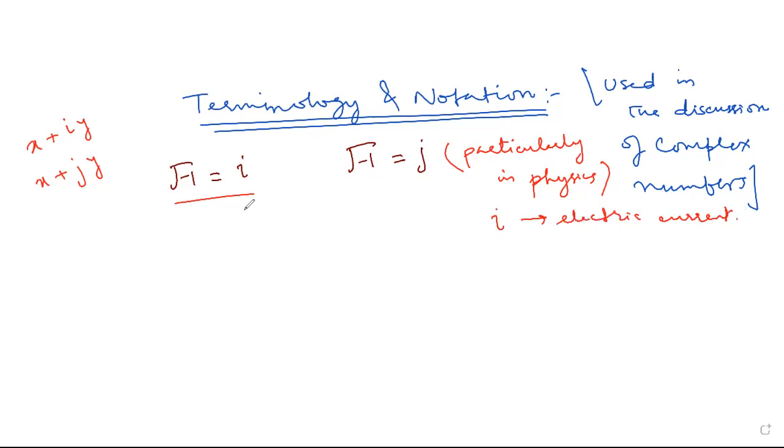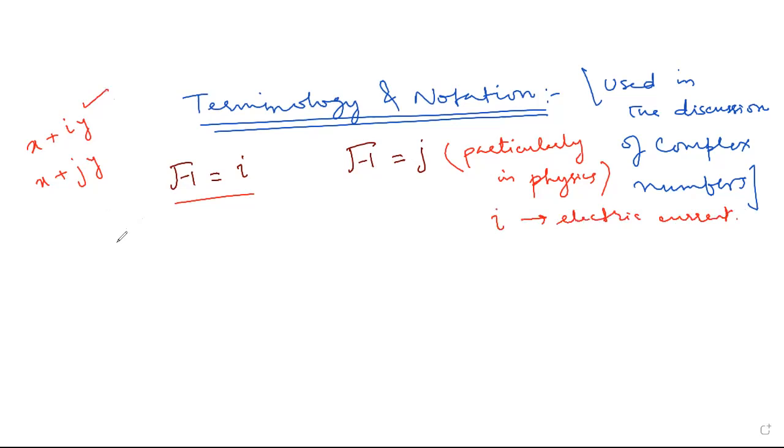So don't get confused with the notation, whether it is x plus iota y, it is a complex number, whether it is written in this way, x plus jy, it is a complex number. Here iota is square root of -1. In this case, j is the square root of -1.